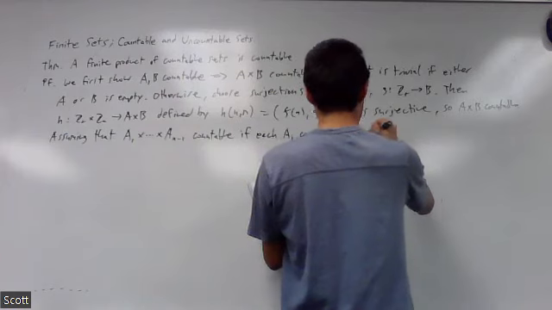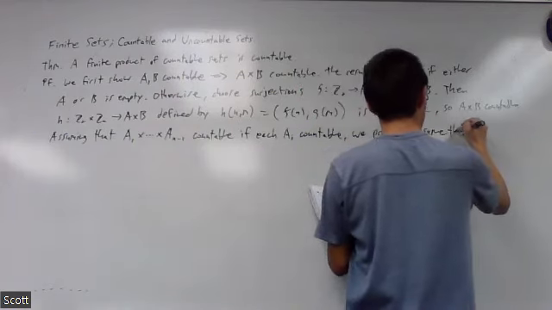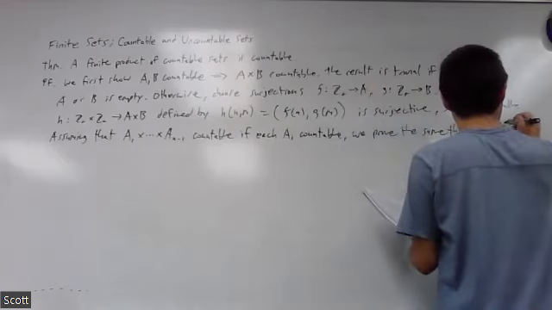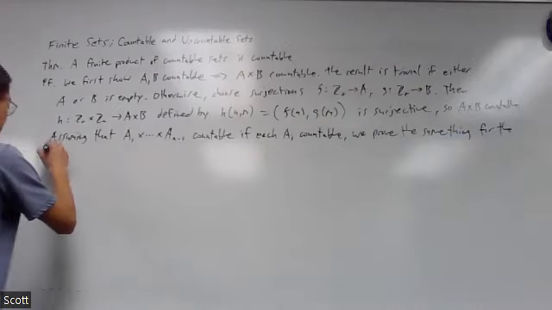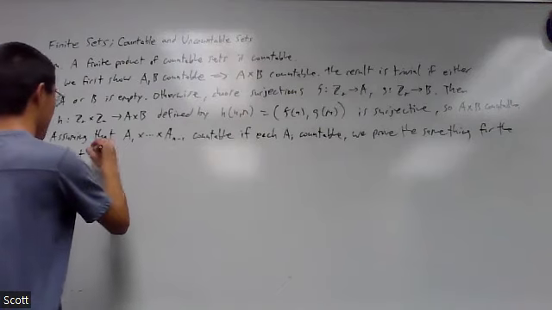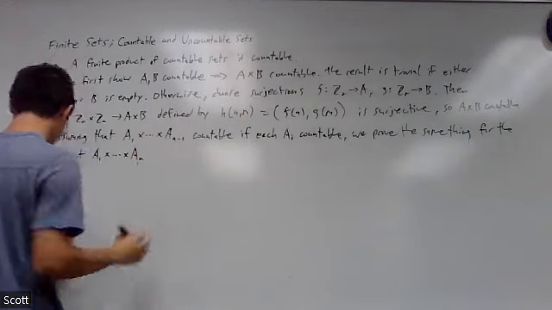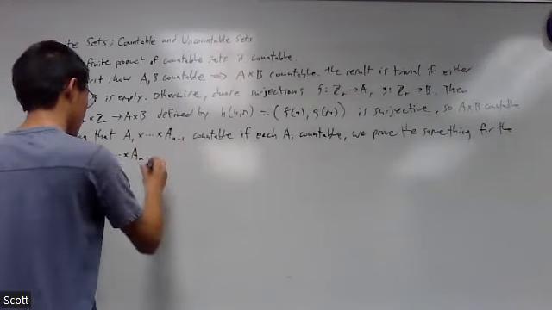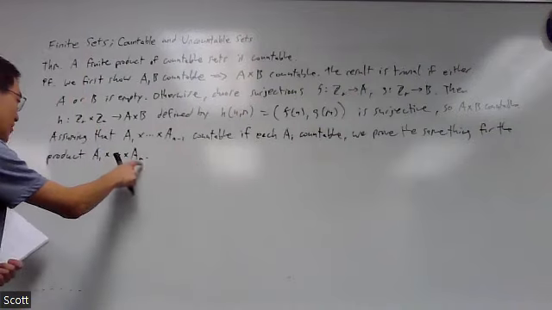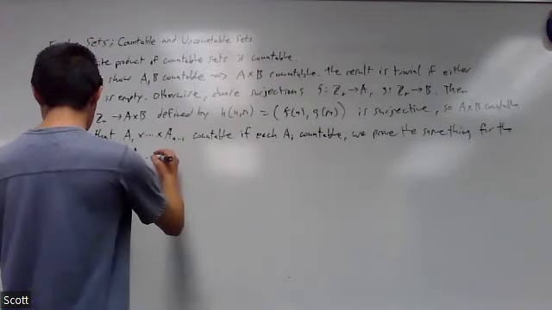So we prove the same thing for the product that goes through n, so A1 increasing this by 1 now to An. Instead of doing n to n plus 1, it was more aesthetically pleasing to have it stop at n. That was more just an OCD thing.